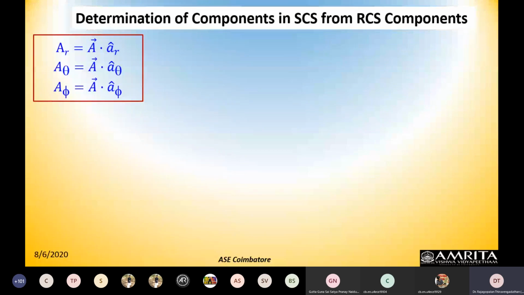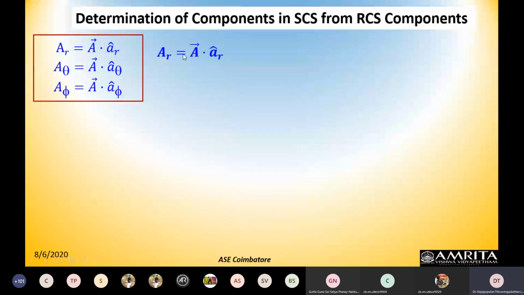Since the point is the same, I can write the vector A either in terms of the Cartesian coordinate system or in terms of the spherical polar coordinate system.